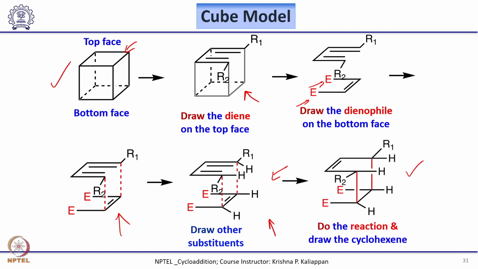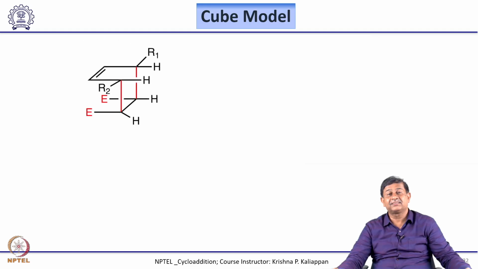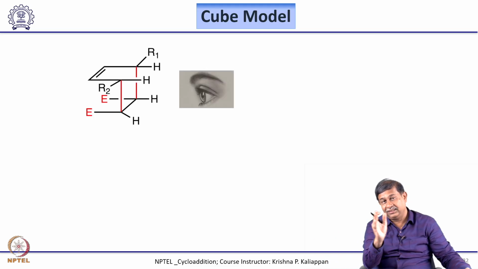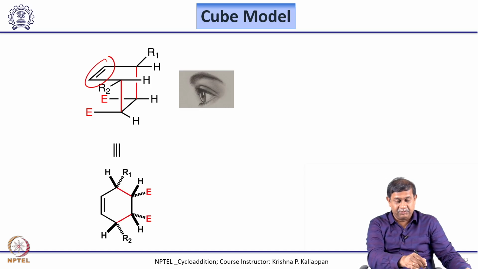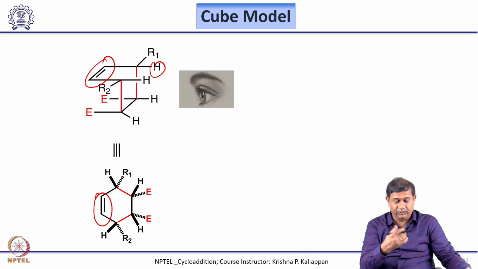Next, what you should do, once you have this, okay, this is what you got, and see from this side. When you see from this side, this is how the molecule will look, okay. So this double bond is here. When you see from here, you can see this hydrogen is towards you, so that's why it is beta.